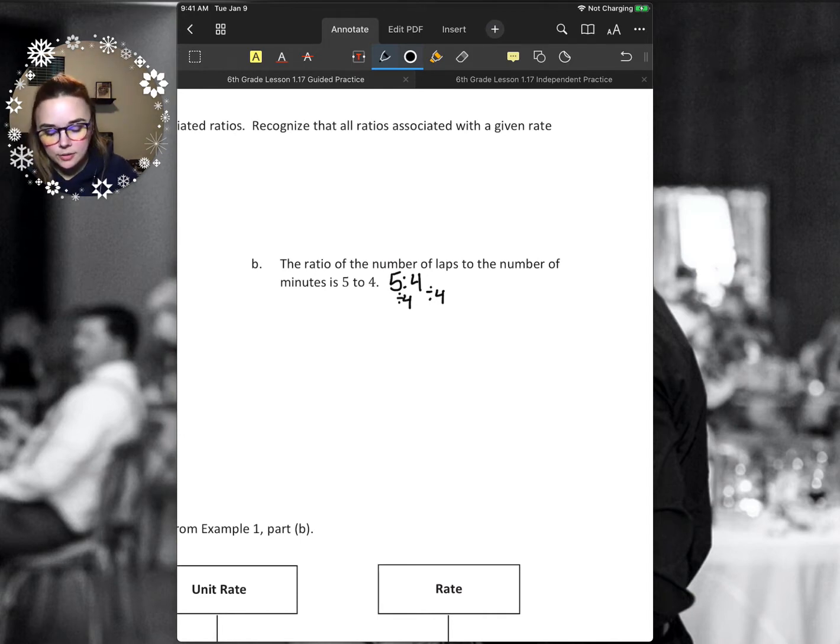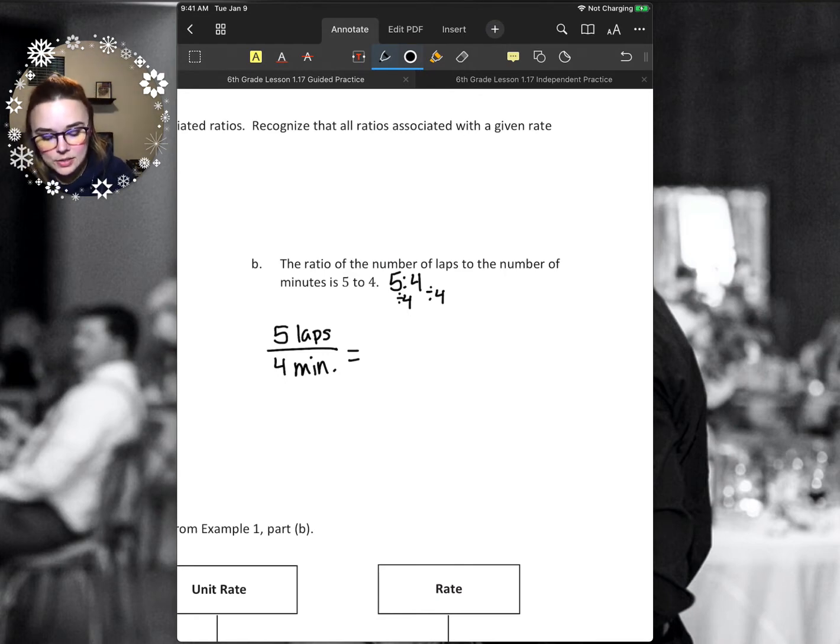What that's going to look like, we can almost think of it as 5 laps over 4 minutes, right? Because our fractions are just a division problem. So we divide our 4 by 4 and get 1, and 5 by 4, and we're going to get a fraction.